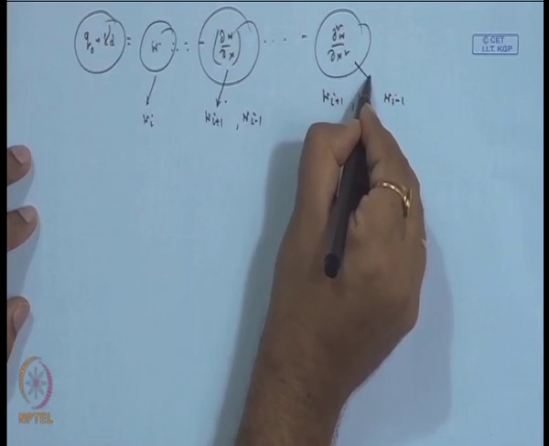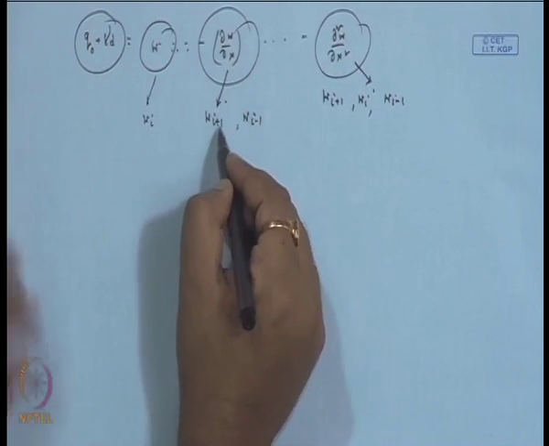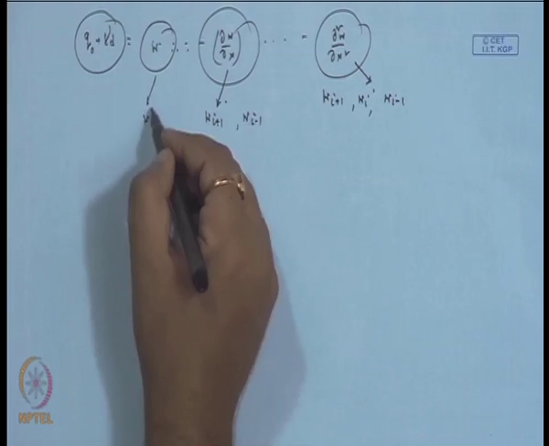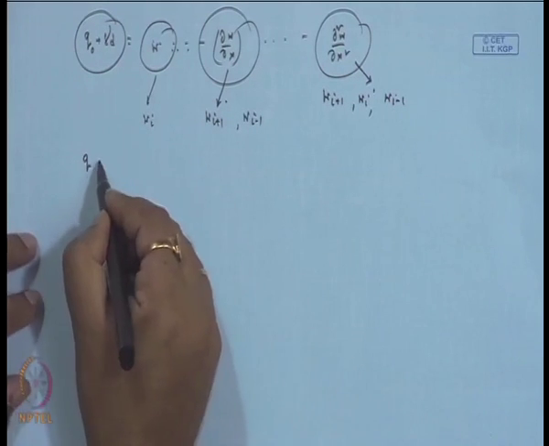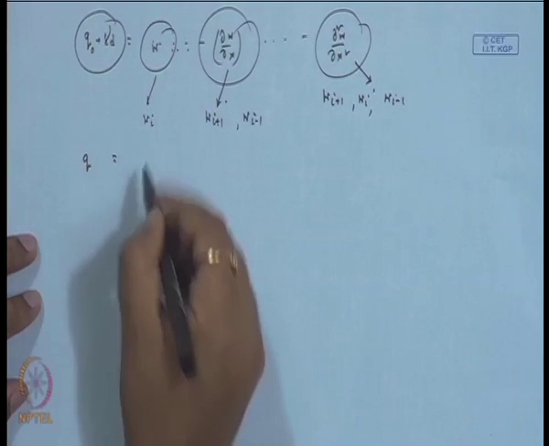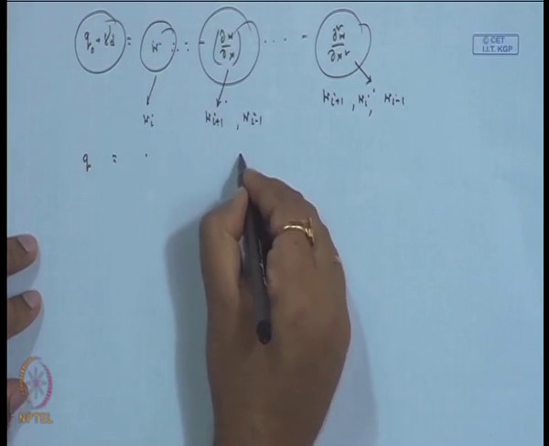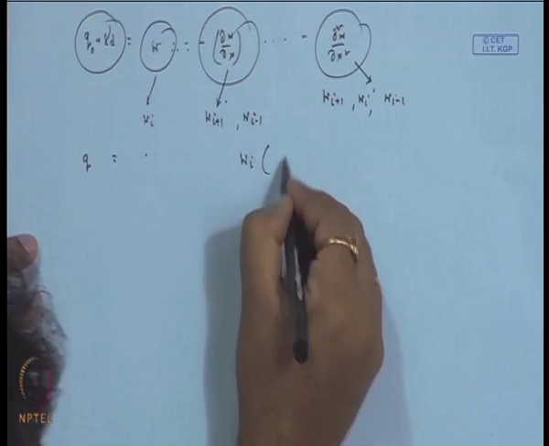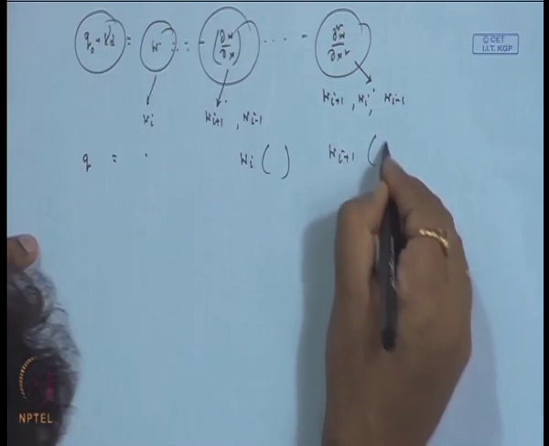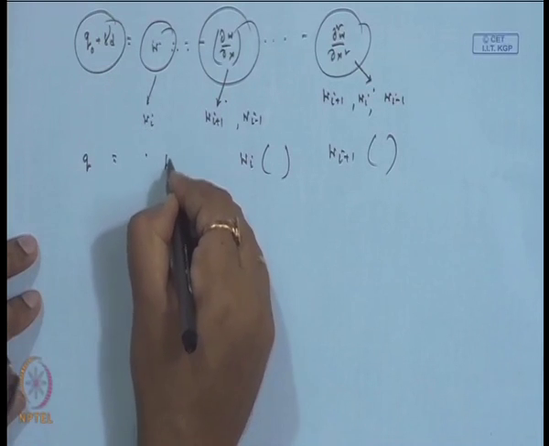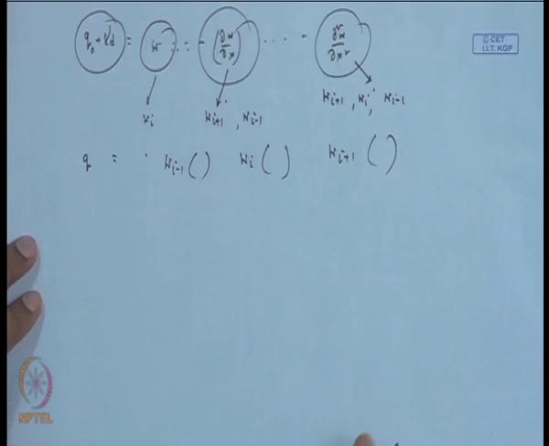These things we will express in this form, x plus 1, x minus 1, and this is w i. This is the q force, and then we take w i, then this coefficient, w i plus 1, then this coefficient, and w i minus 1 with this coefficient.